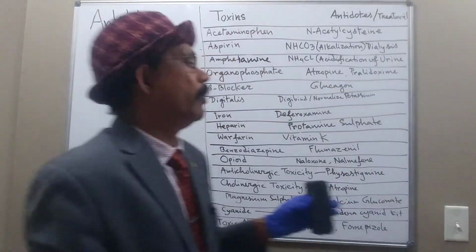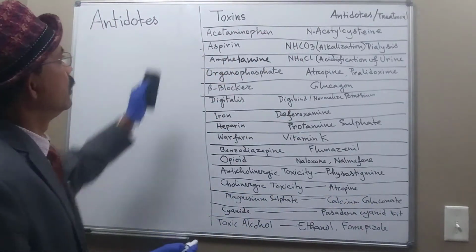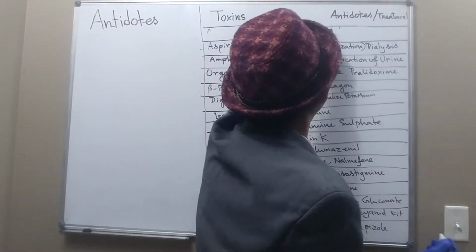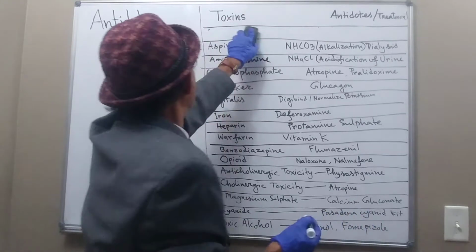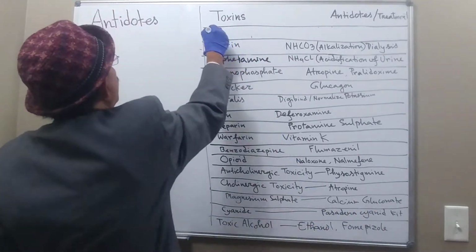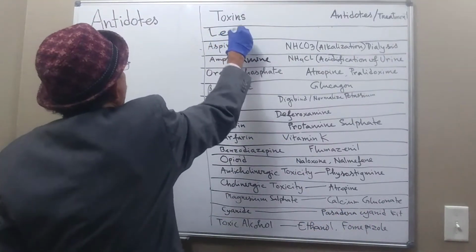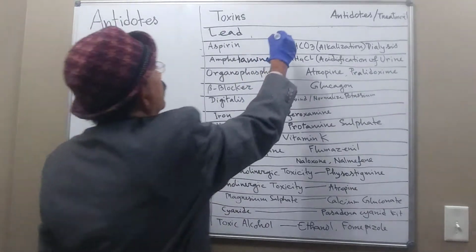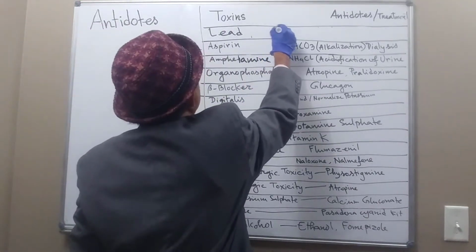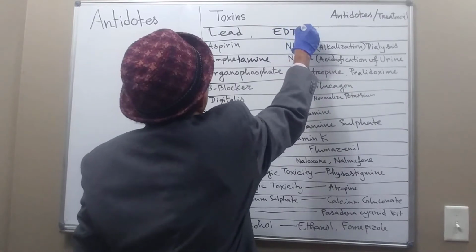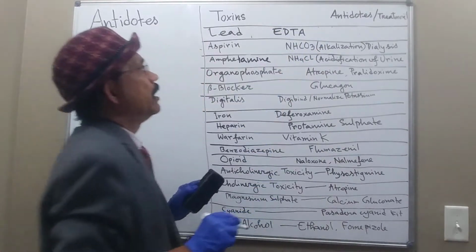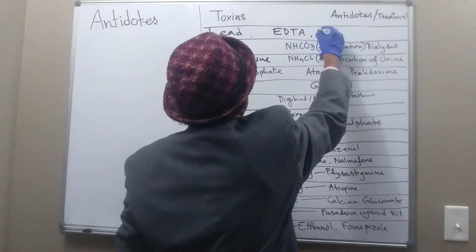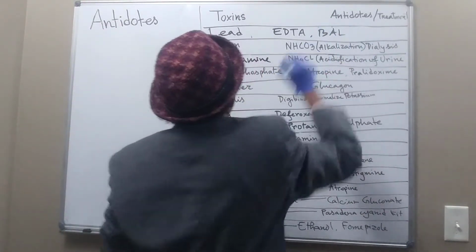We have a lot of other things like that. We have heavy metals. We need the chelating agents. Suppose lead. For management of lead, we need the chelating agent EDTA, which is ethylenediaminetetraacetate, or British anti-Lewisite.